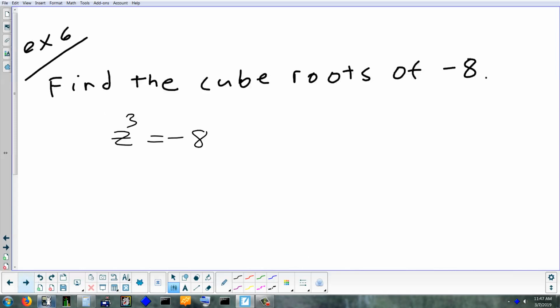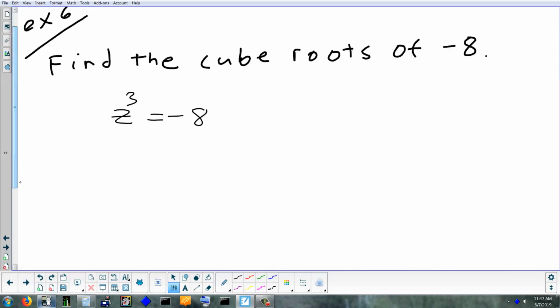Now, turn that equation into trig form. Does anybody remember what I put on the left-hand side for z? This never changes. Yeah, you put r times cosine theta plus i sine theta, all to the 3rd. Yep, we're going to do all of that.